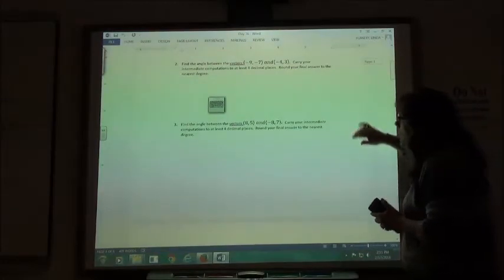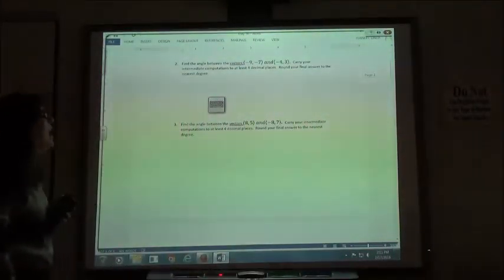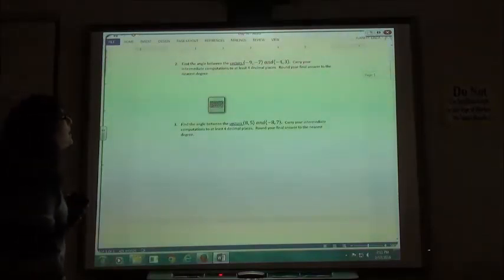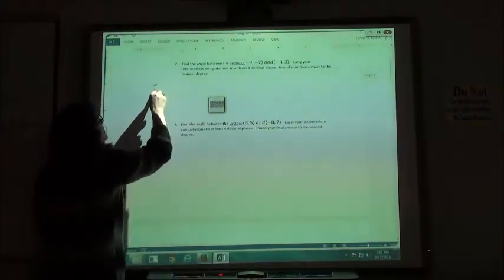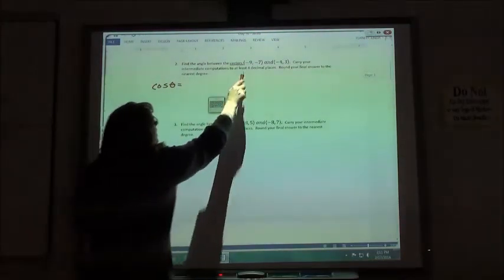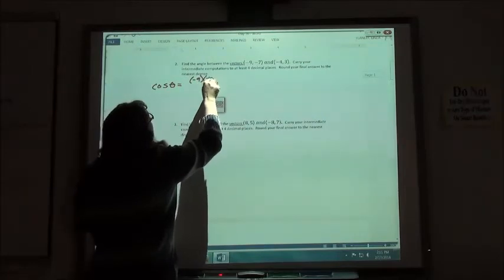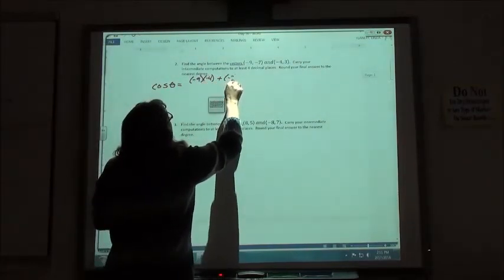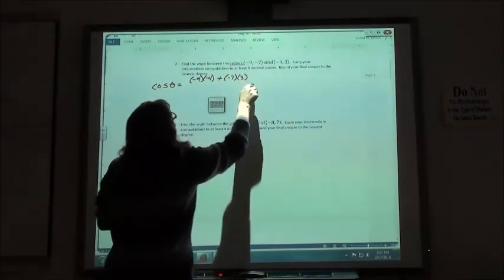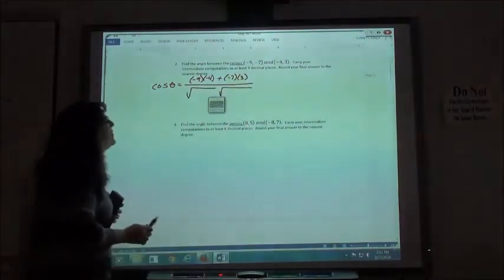So number 2, it wants us to find the angle between the -9, -7, and -4, +3 vector. So again, we're saying that the cosine of theta is equal to the dot product of my two vectors. So -9 times -4 plus -7 times +3 over the magnitude of each of my vectors.